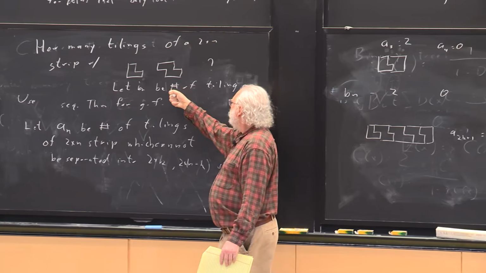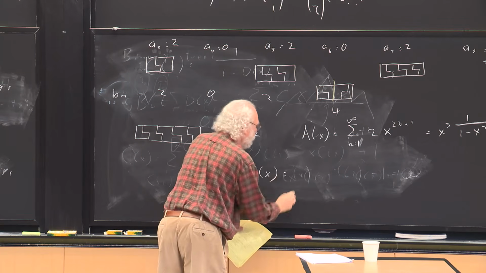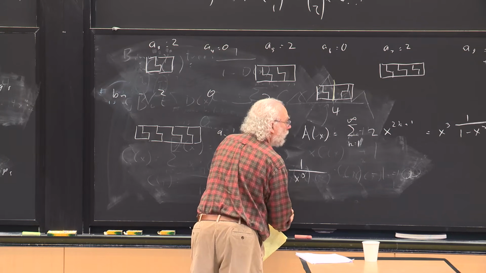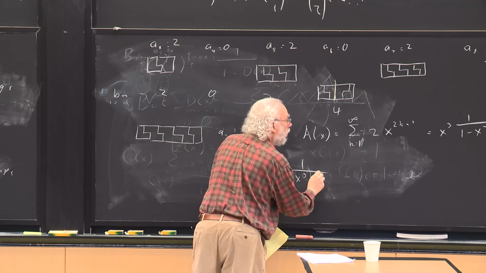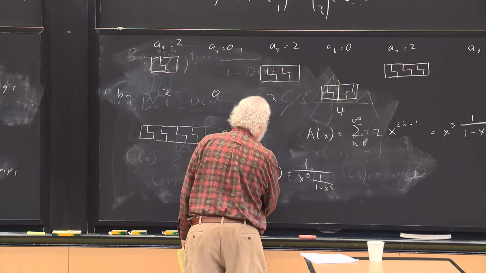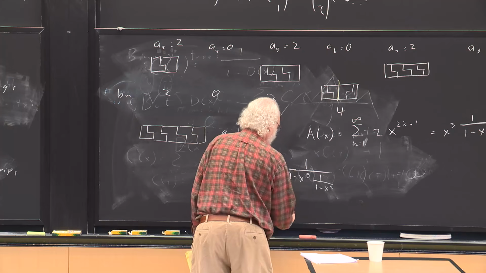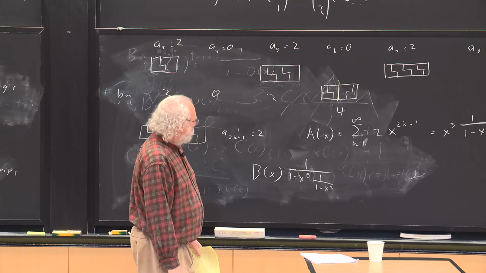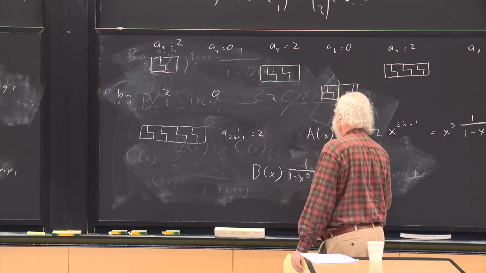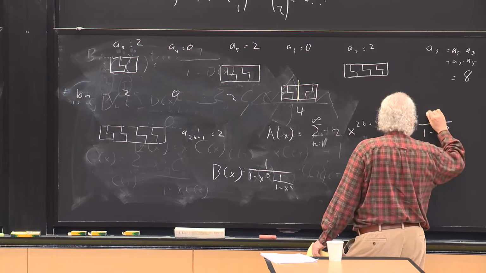So now let's compute this generating function. B of x is equal to 1 over 1 minus A of x, which is 1 minus 2x cubed over 1 minus x squared. Oh, wait, I forgot. There's a 2 here.